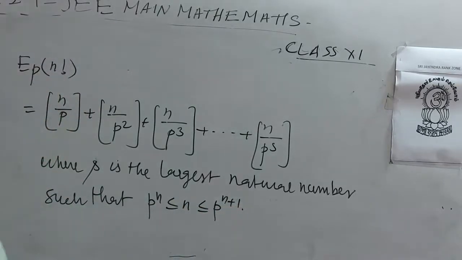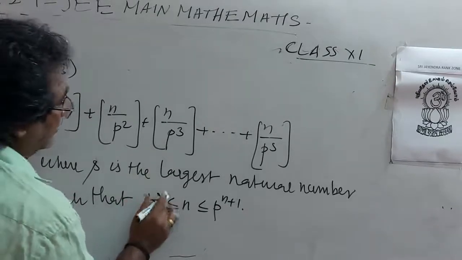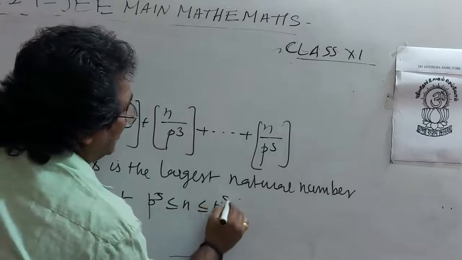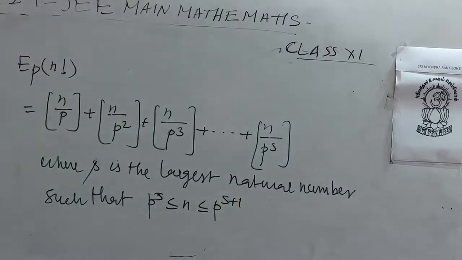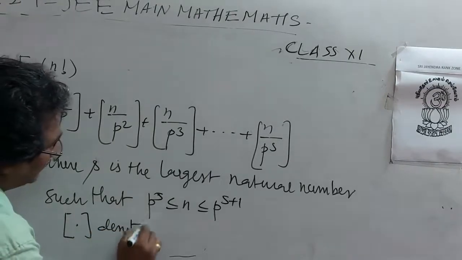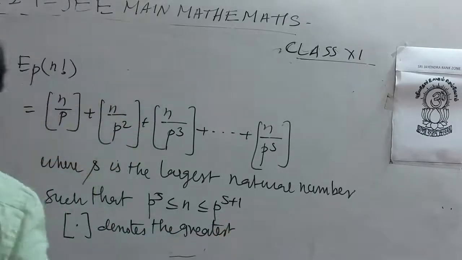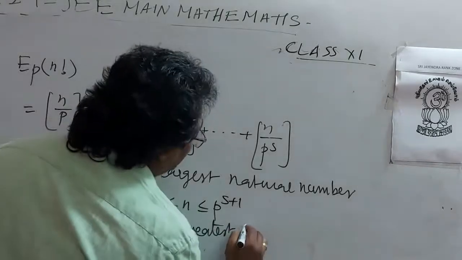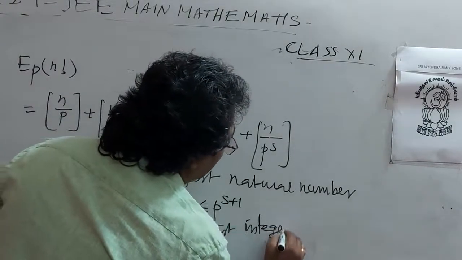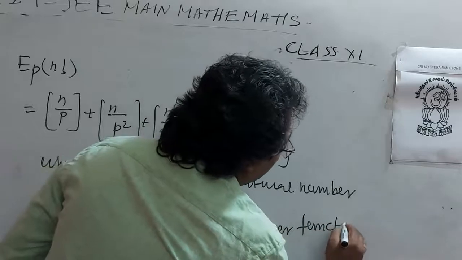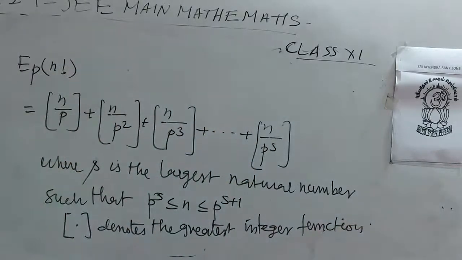So n lies between p power s and p power s plus 1. The bracket denotes the greatest integer function.